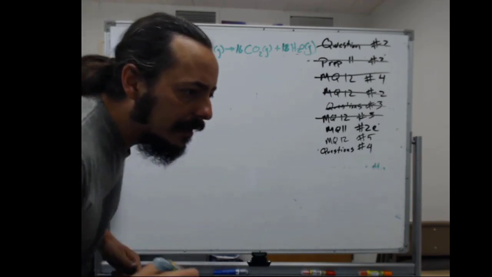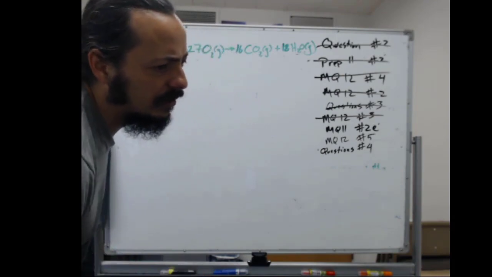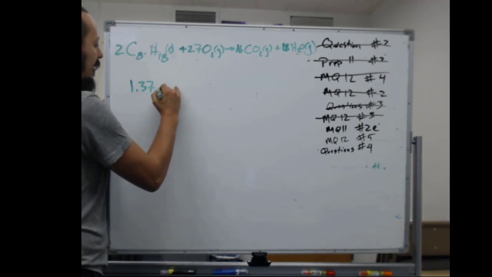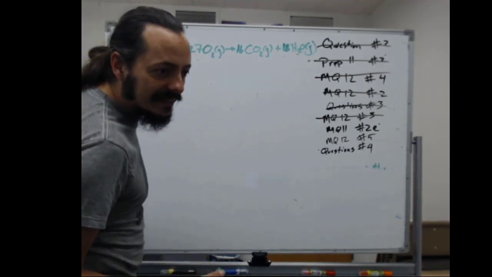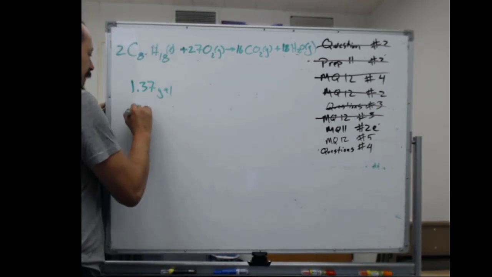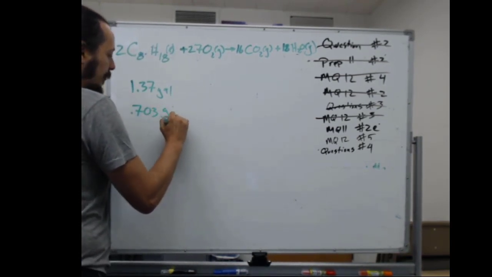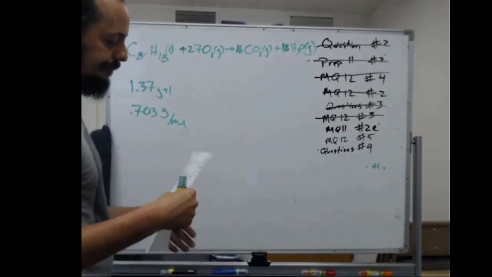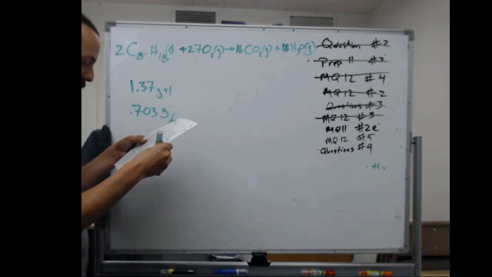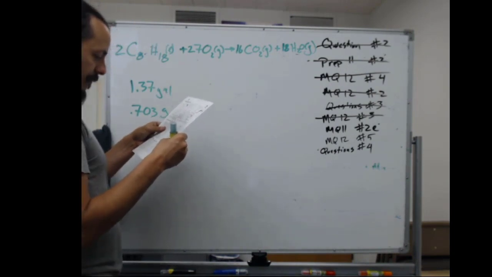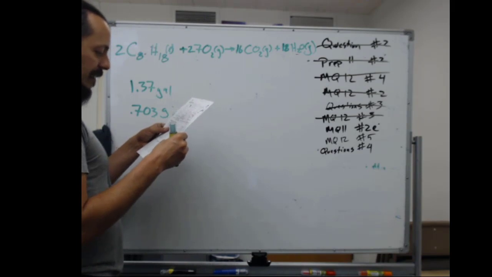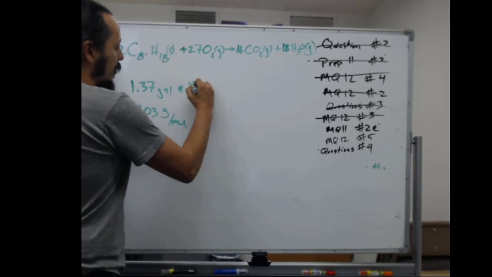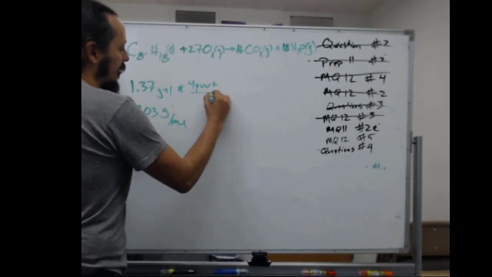We know that we've got, explicit information we're given is 1.37 gallons. We are given the density, which is 0.703 grams per milliliter. I need the conversion of grams to milliliters, which I hope is on here. Okay, it's got liters to quarts, and we've got 4 quarts per gallon.